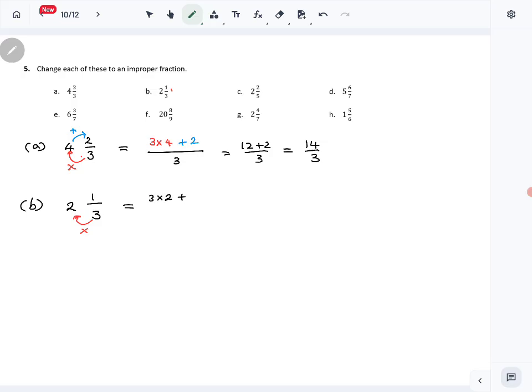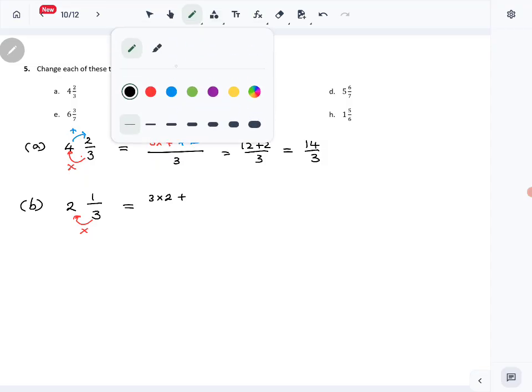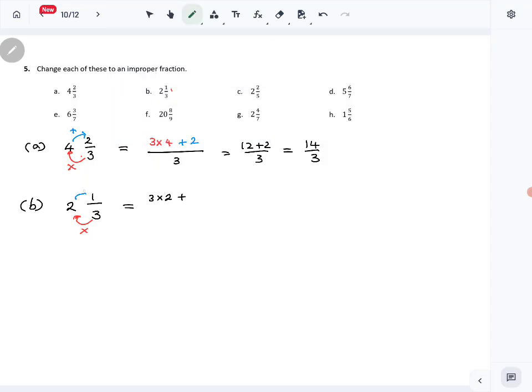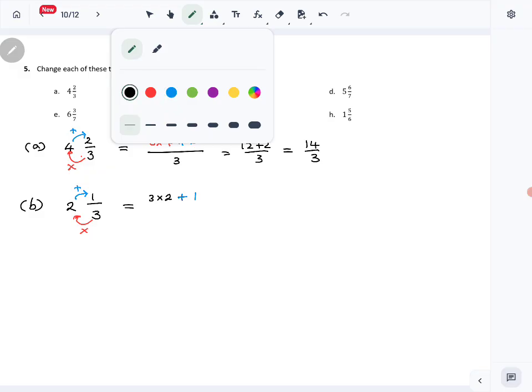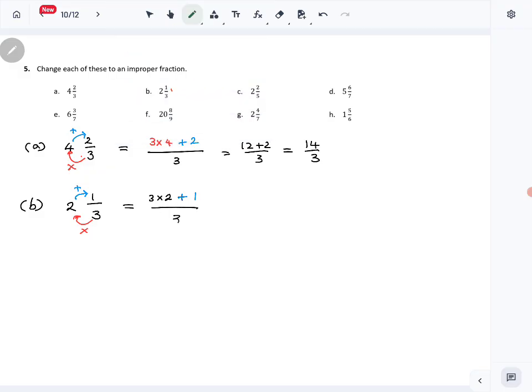And to that add the numerator, which is 1. So that gives you the new numerator value that is going to be over the old denominator. So 6 plus 1 over 3. So 7 over 3, right? So similarly try the rest.